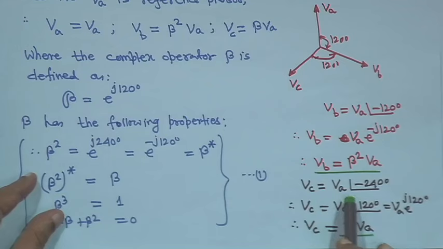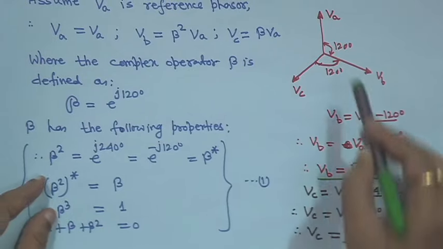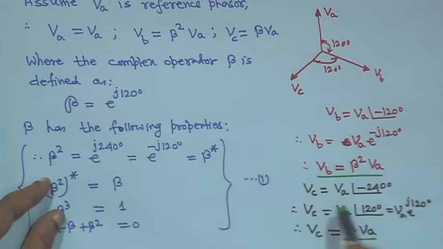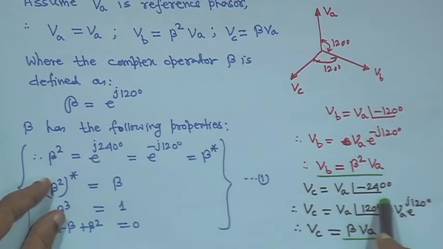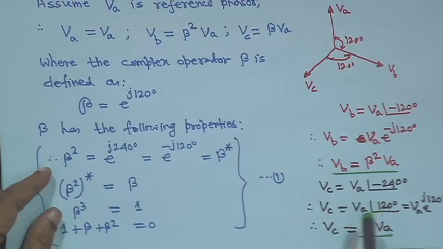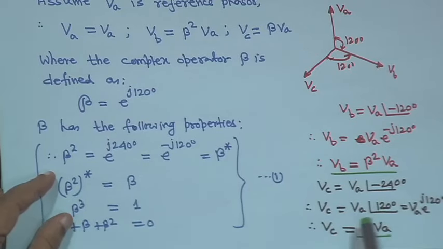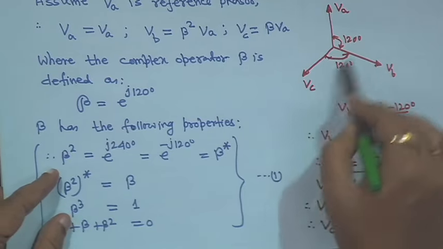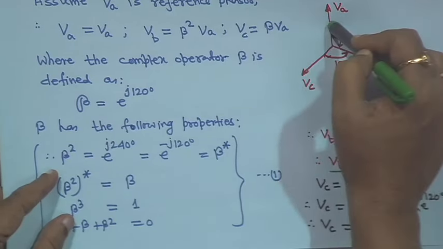Similarly, VC is equal to VA angle minus 240 degree, because VC lags from VA by 240 degree, or otherwise VC leads VA by 120 degree.